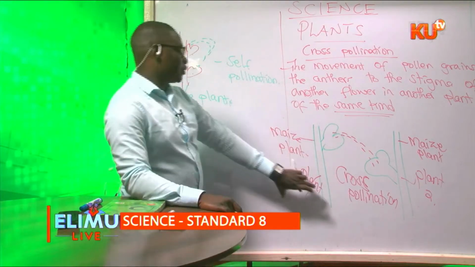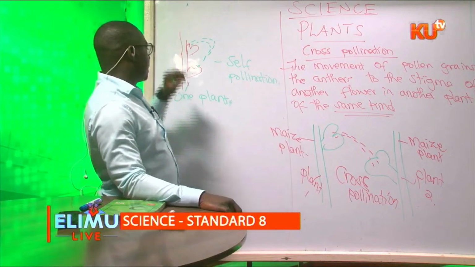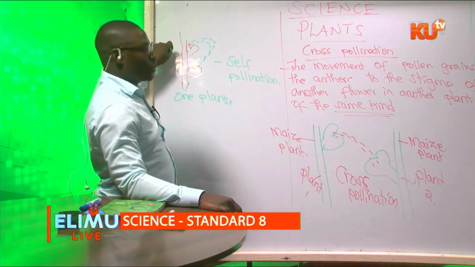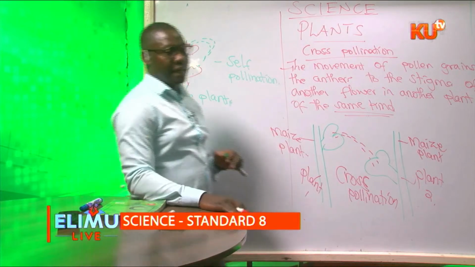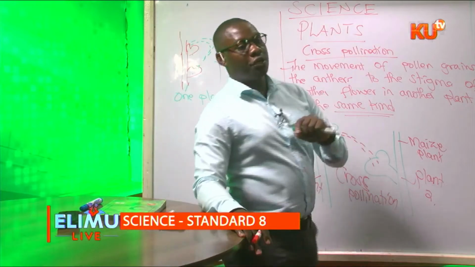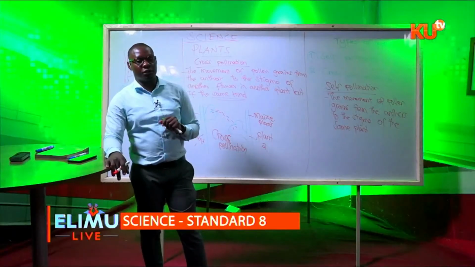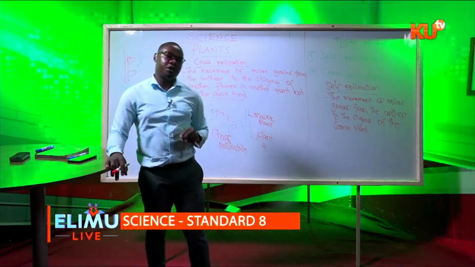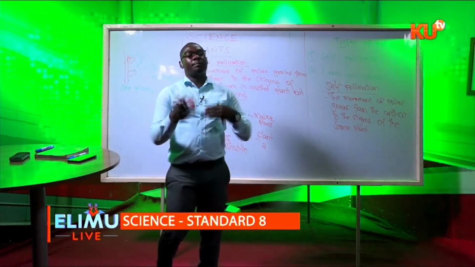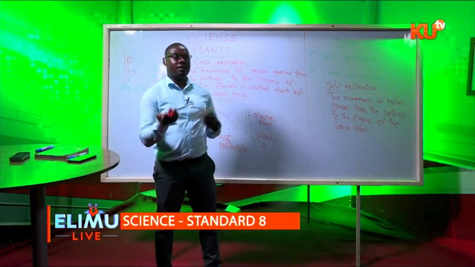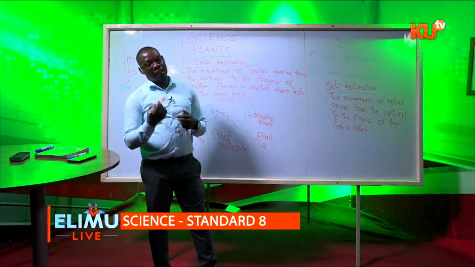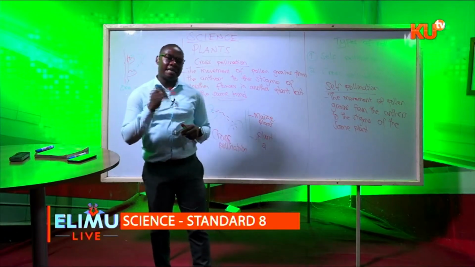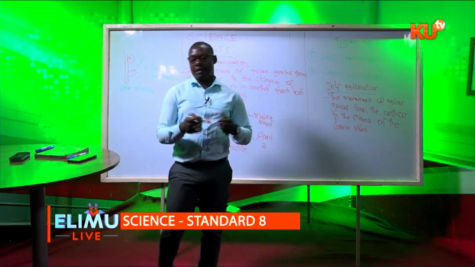Diagrammatically, this will be cross-pollination, 2 plants. This will be self-pollination, 1 single plant. So that is about cross-pollination and self-pollination. Cross-pollination can be by wind or insect. Self-pollination is mainly insect. That gives us the pollination.